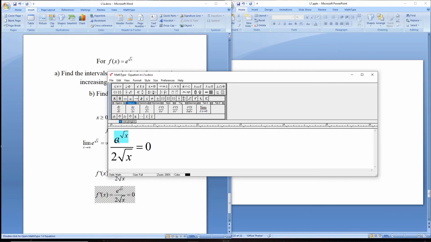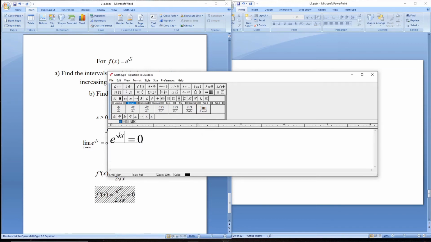And there's no way e to anything can output 0 either. So how would we solve this algebraically? Well, we would multiply both sides by the denominator. So that would cancel out the denominator on the left side. And of course, 0 times this will still be 0. So you're left with this.